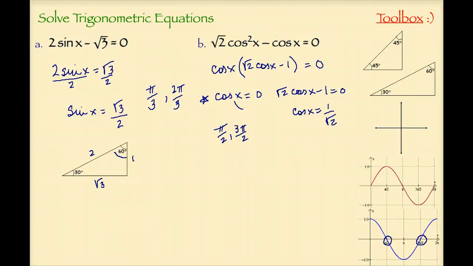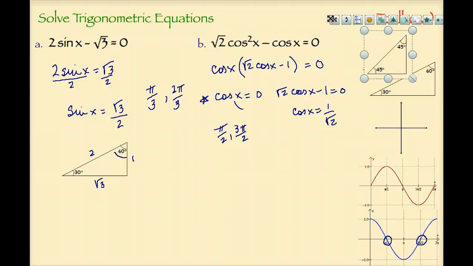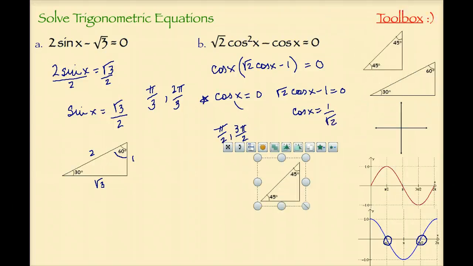Of course, this comes from our 45, 45, 90 triangle. And so I grab one of these fellows to help me out, labeling the lengths of the sides, 1, 1, square root of 2. Of course, I'm looking for adjacent over hypotenuse to be 1 over the square root of 2. That angle, of course, is 45 degrees, or pi over 4.